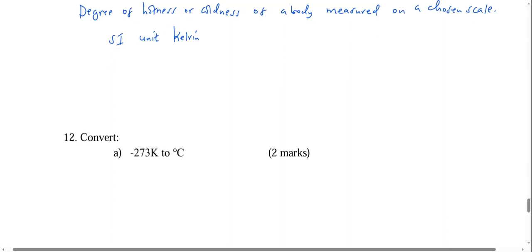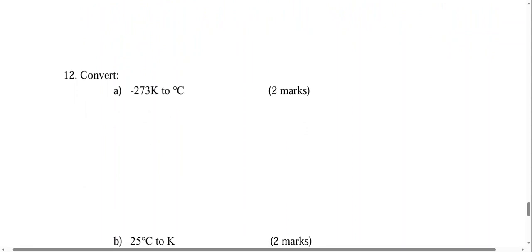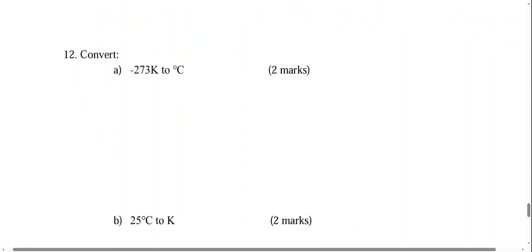Question number 12. Convert negative 273 Kelvin to degrees Celsius. Whenever you are converting a Kelvin scale to a degree Celsius scale, you subtract 273 from the Kelvin scale.